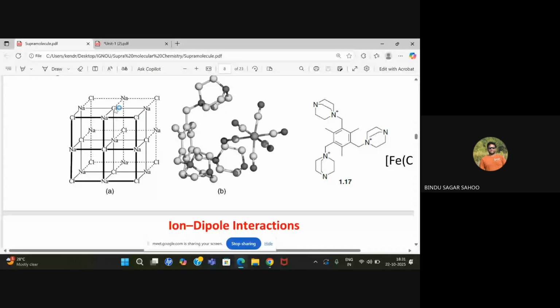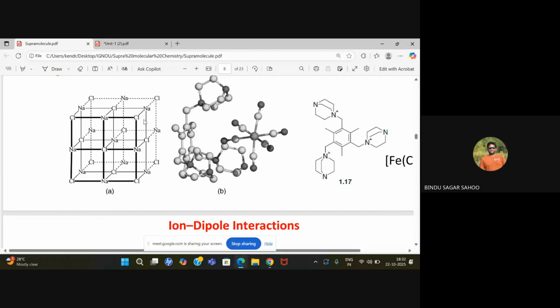After sodium, the nearest atom will obviously be chlorine, then sodium, then chlorine, just like that. The sodium will be the positive center and chlorine the negative center. The positive sodium ion interacts with the chloride ion, behaving like a positive and a negative charge, and there will be an electrostatic force of interaction between the positive and negative centers.